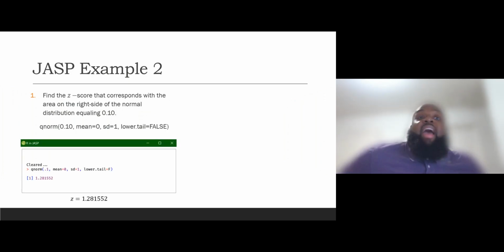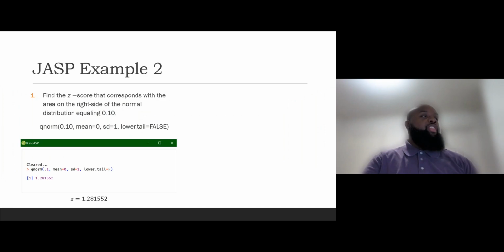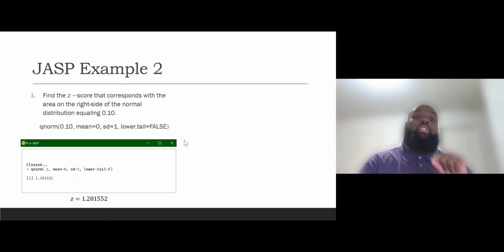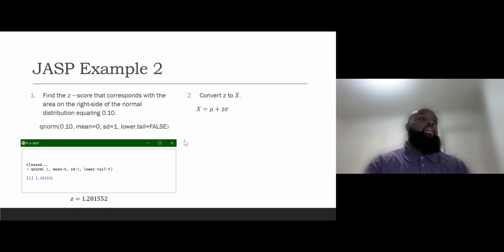All right, but we have our Z-score that aligns with the right tail, or upper tail, probability of 0.10, or proportion of 0.10. And so now what we have to do is convert that Z back to an X by using the formula X equals mu plus Z sigma.